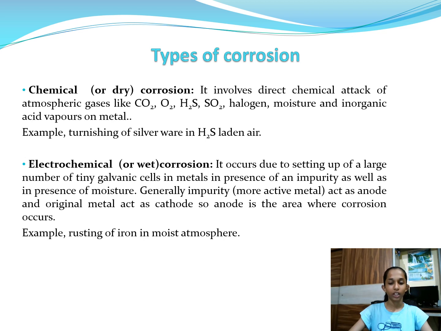Electrochemical or wet corrosion occurs due to setting up of a large number of tiny galvanic cells in the metal in the presence of an impurity as well as moisture. Generally, the impurity, a more active metal, acts as the anode and the original metal acts as the cathode. So the anode is the area where corrosion occurs. An example of wet corrosion is rusting of iron in moist air.